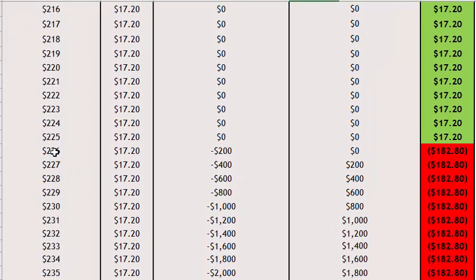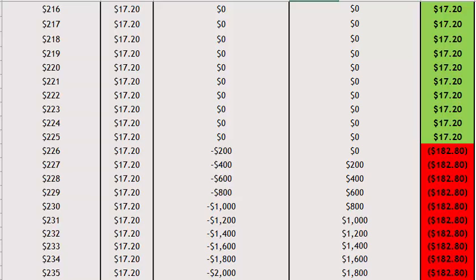So remember, if the share price is at 226 and we're short on the $225 call, that's got $1 of in the money value. Now, we sold 2 contracts of that, so that's a negative value for us, so it's a -2. And remember, in the options market, one contract controls 100 shares of stock, so you'd multiply that by 100. So it's a -$200. So even though there's value in the call option, because we've sold it, it's not ours. At 229, it's -800 and so on and so forth. So we do that for every potential outcome.